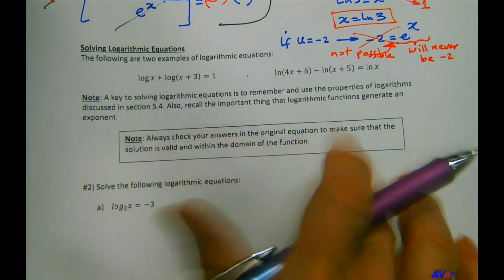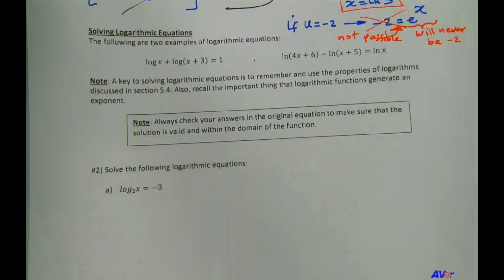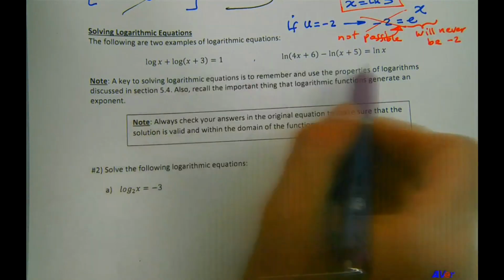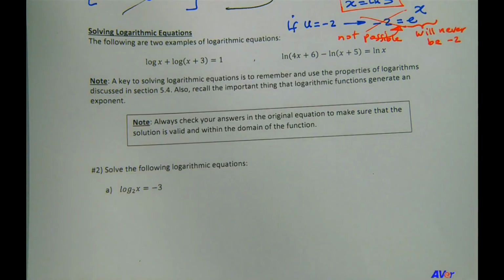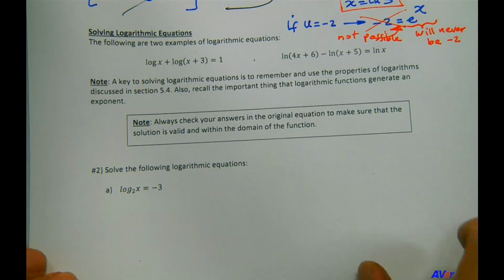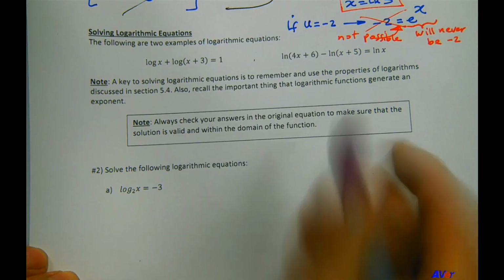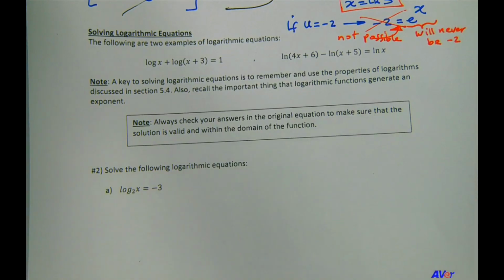Now we get to logarithmic equations. Okay, these are logarithmic equations. With logarithmic equations, you must remember how to apply all those logarithmic properties we've learned before, in the last class. So you must remember those. That's what I'm mentioning here in this note.